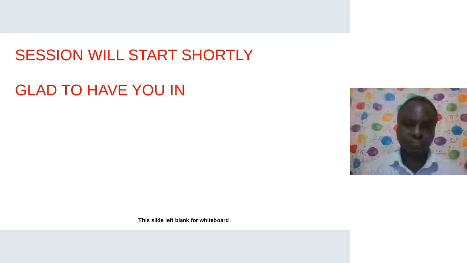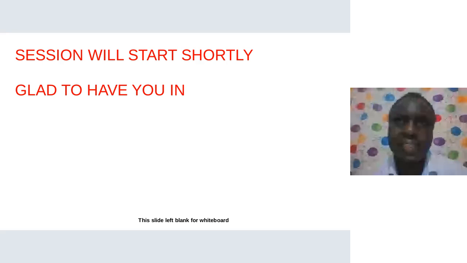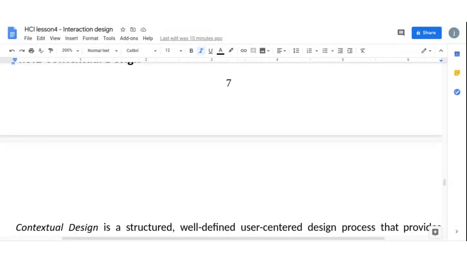So, otherwise, we are talking about contextual design. The concept of contextual design, as it relates to user-centered design: the main issue there is that it's good, as part of user-centered design, that you also go and gather more data about the user and how the user works, trying to improve your design.